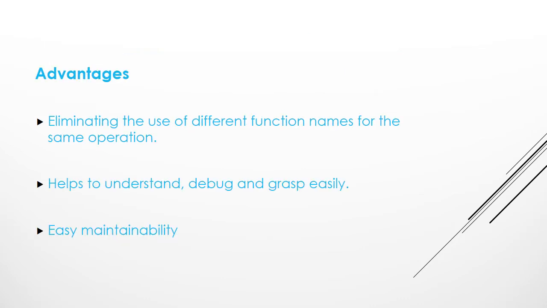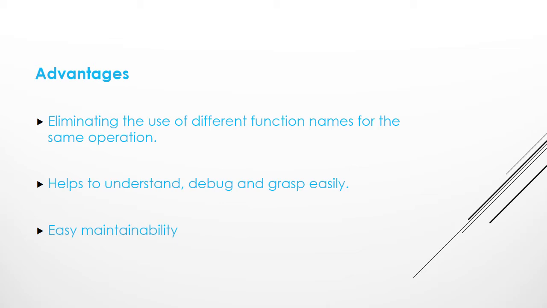The advantage of function overloading is that it eliminates the use of different function names for the same operation. For example, if we need to sum two integers, then we can define a function with return type float, int, or anything as a return type, and the function name sum with parameters int, int within the parentheses. I hope you remember how we defined it.